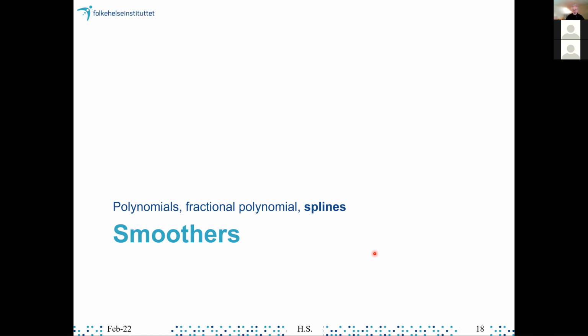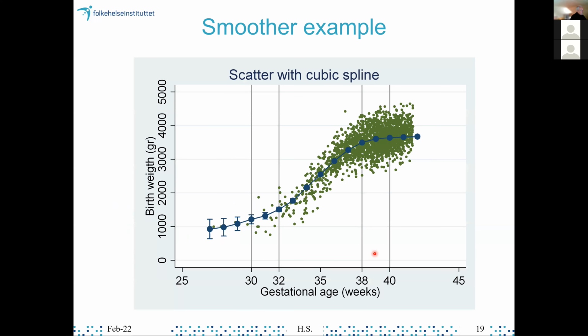So the idea is that we need to put in some type of smoother when we have a continuous variable that may have a nonlinear effect over time. The smoothers are flexible functions that can take any shape going up and down several times, something like that. Here is an example of a smoother.